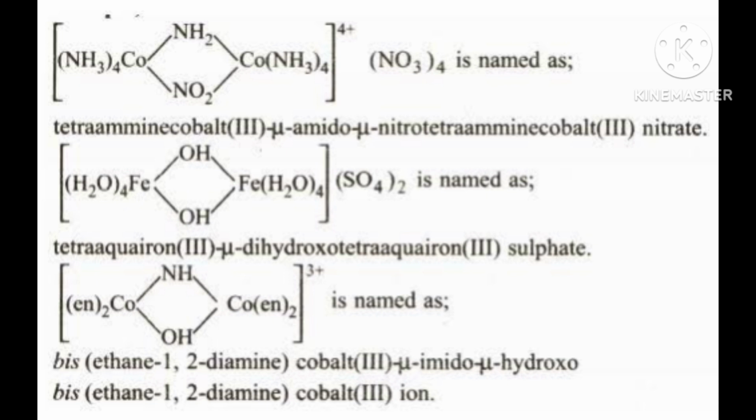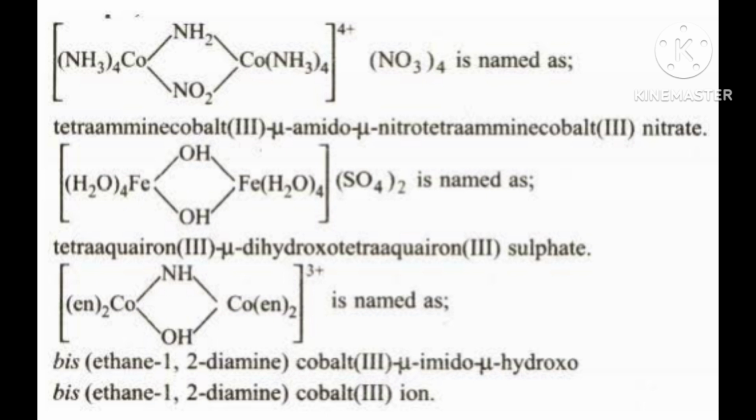Neutral and cationic ligands have the same name. Only for H2O you write aqua, for NH3 you write amine, for CO you write carbonyl, and for NO you write nitrosyl. This you remember.